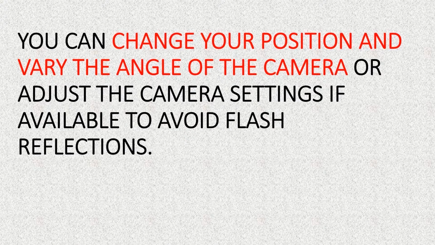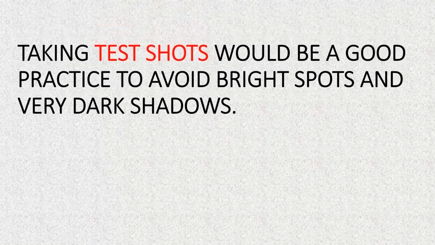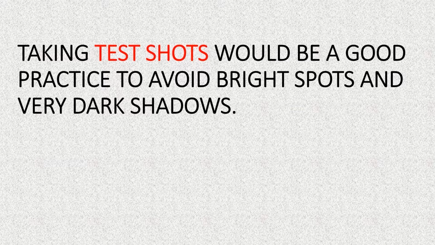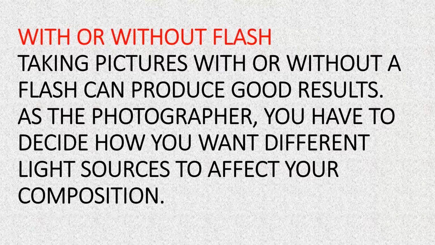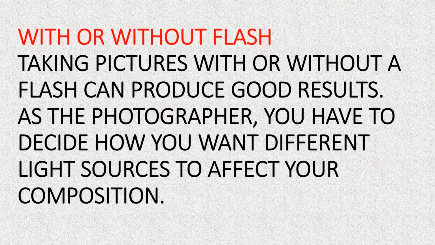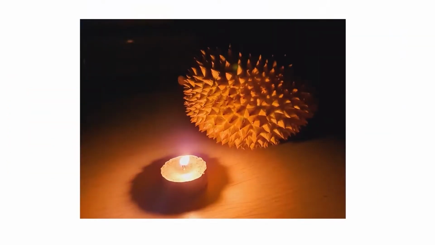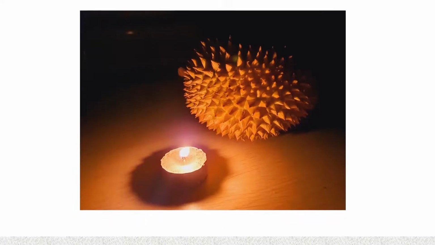You can change your position and vary the angle of the camera or adjust the camera settings if available to avoid flash reflections. Taking test shots would be a good practice to avoid bright spots and very dark shadows. Taking pictures with or without a flash can produce good results. As the photographer, you have to decide how you want different light sources to affect your composition.